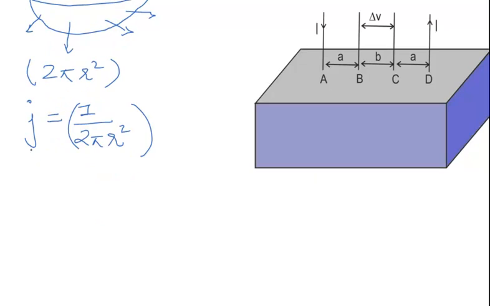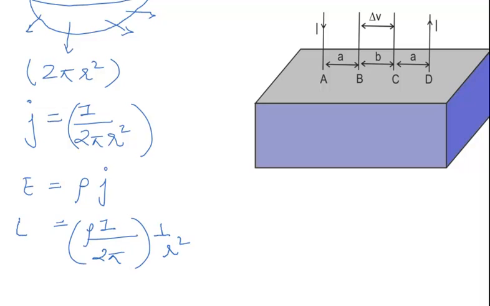Now electric field E is given by rho into J, which is rho I upon 2 pi, 1 upon r square.